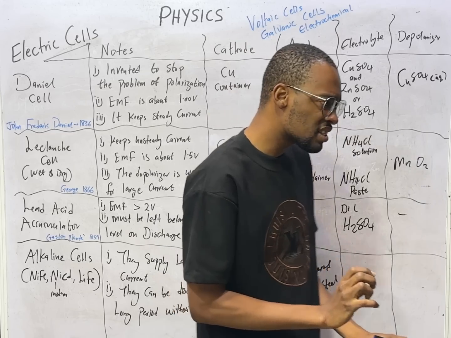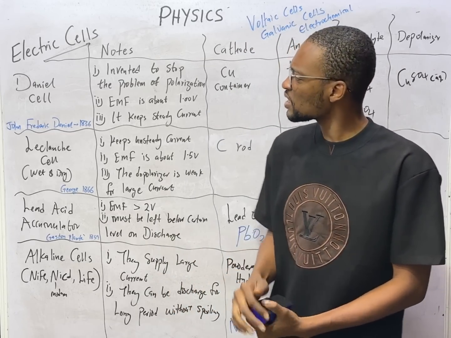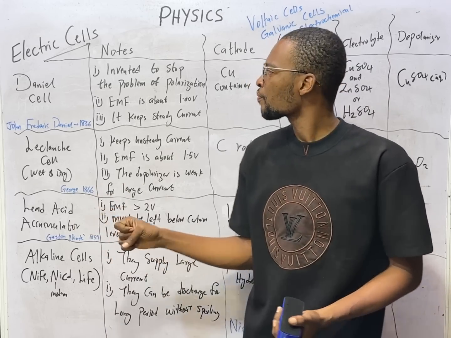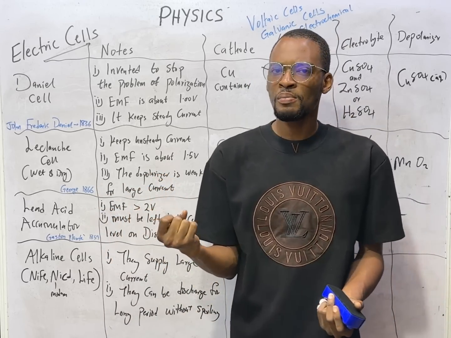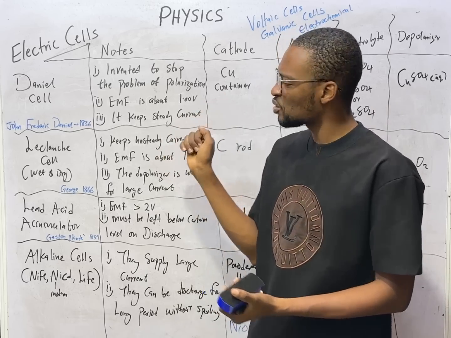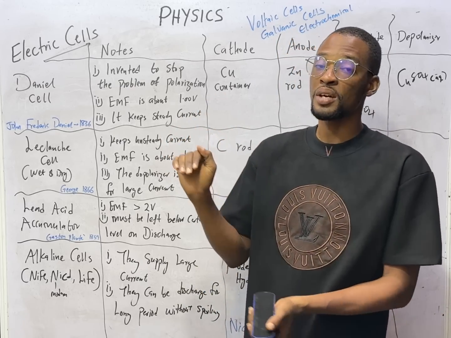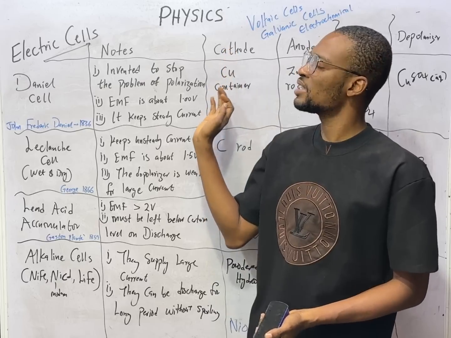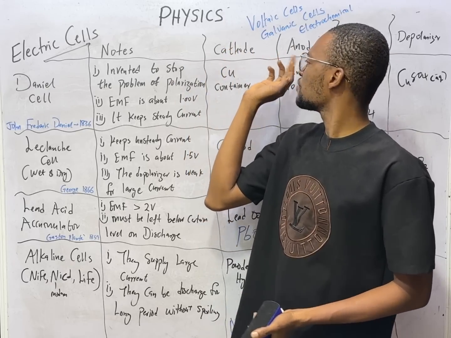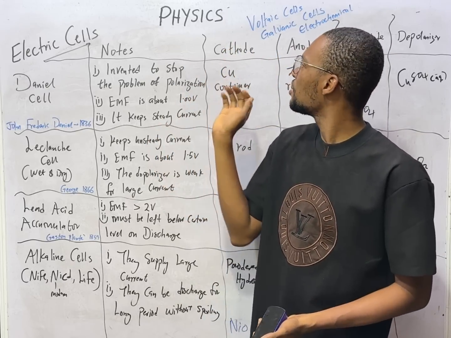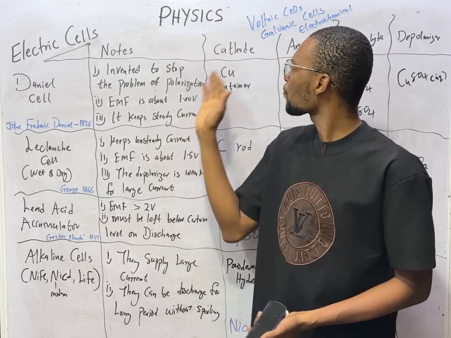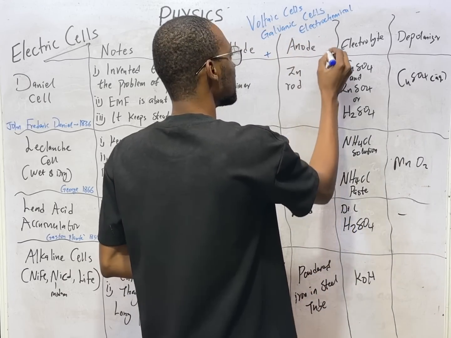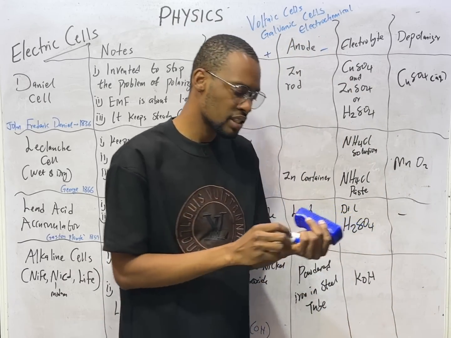In all these cells, what is important is to know what they are, whether they are primary or secondary, and what material is used in the cathode, which is the positive plate for electrochemical cells. For an electrolytic cell, the cathode is negative and the anode is positive. But for electrochemical cells, or galvanic cells, the cathode is the positive electrode and the anode is the negative electrode.